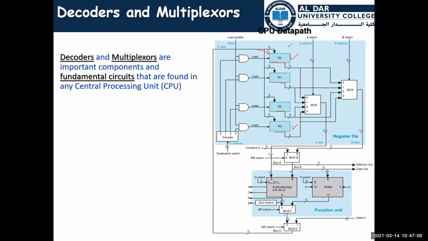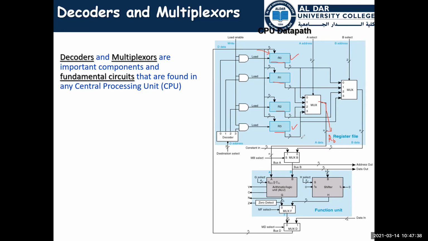So now we should have a multiplexer, and the multiplexer is selecting which register will be enabled. According to this, the value of R0 will be passed to the output here. This is R0, because we know that the multiplexer will enable this R0. Because I need R0 and I need R3.